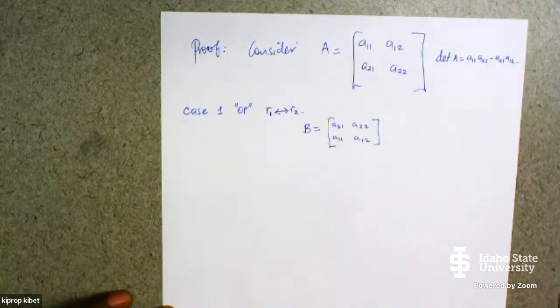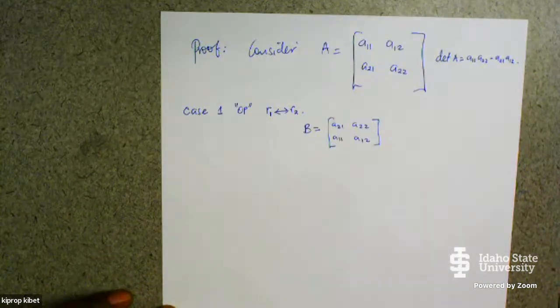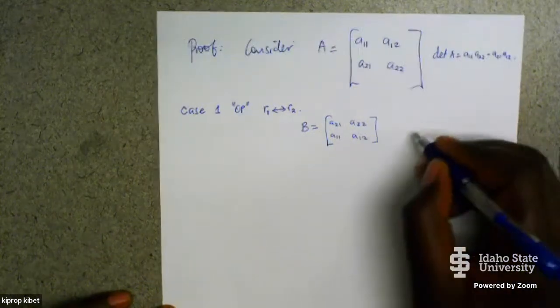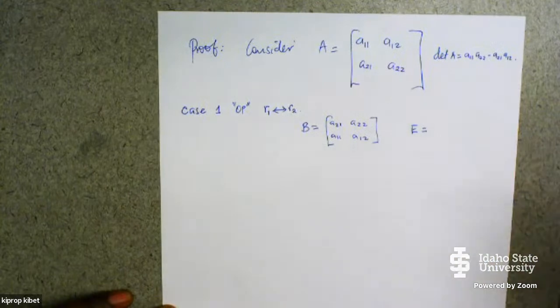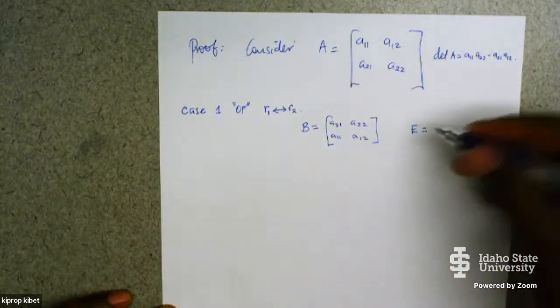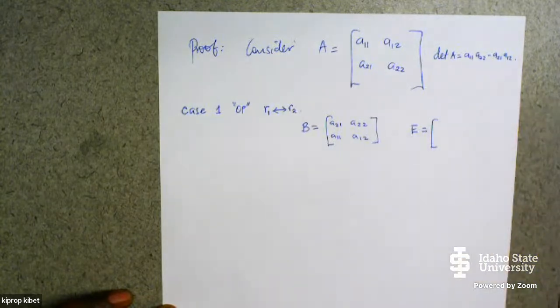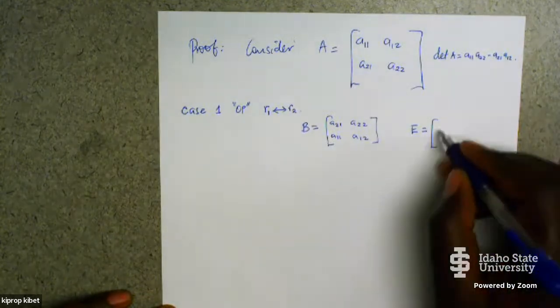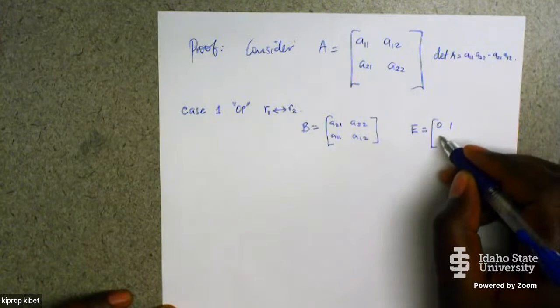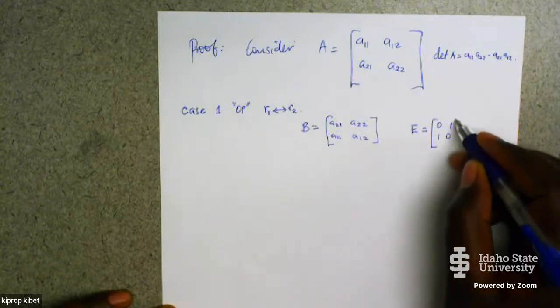And the elementary matrix is what we get when we do the row operation on the 2 by 2 identity, switching again: so it is 0, 1 and 1, 0.